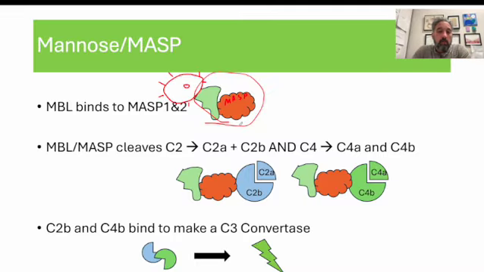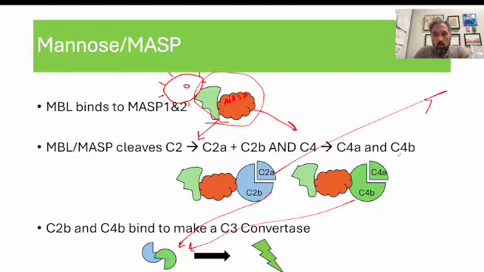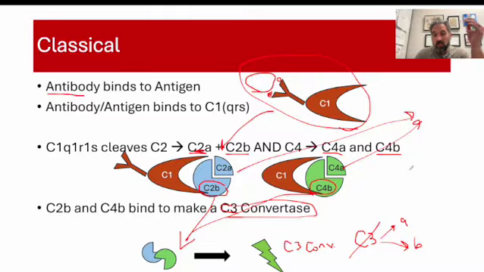But the MBL MASP complex is going to do the same type of thing as our C1 did and split our C2A and C2B and C4A, C4B. The B's once again get together and make a C3 convertase. The A's go away. Okay, so that should look very similar to this because it's pretty much the same. We have the same players. The starting point is different.